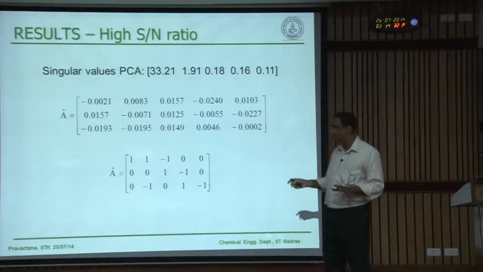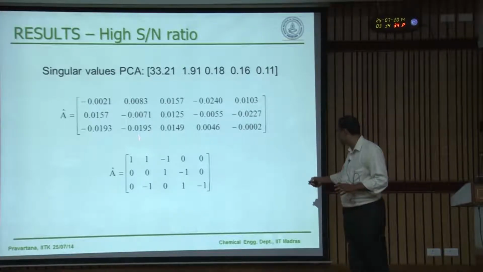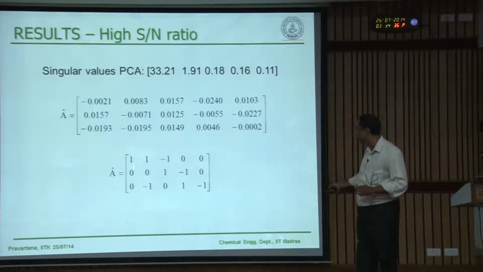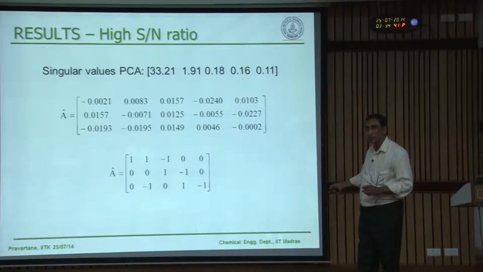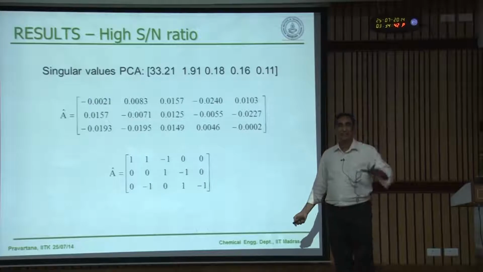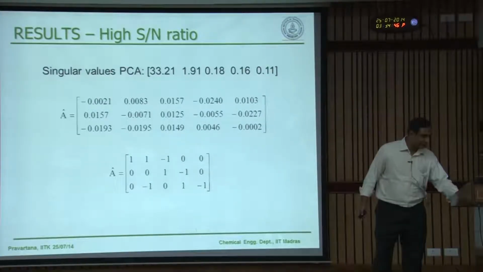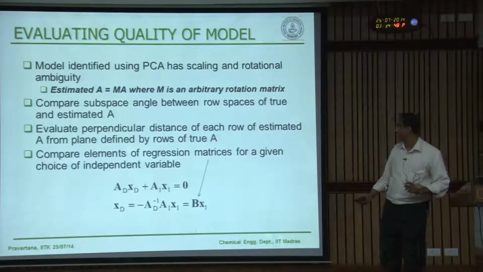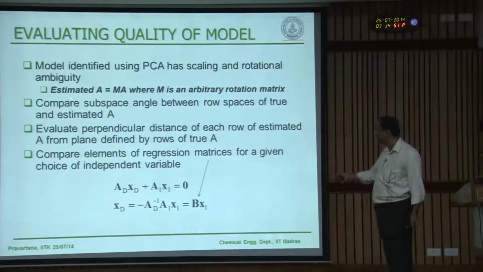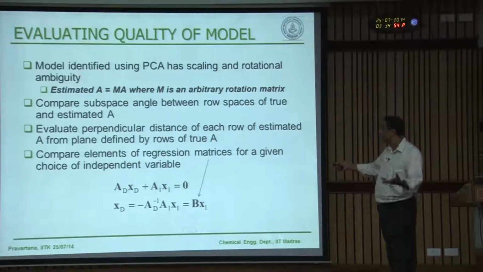It is not true. It is interpretable, and it should correspond to this, but it does not, because this is a linear combination of the original. Because it is a basis, it is some linear combination. How do we know it is a linear combination? There are several different ways of testing whether your estimated A is equal to the true A, or the A that you prefer to have.